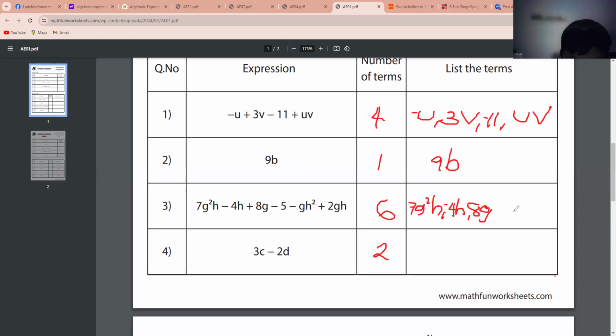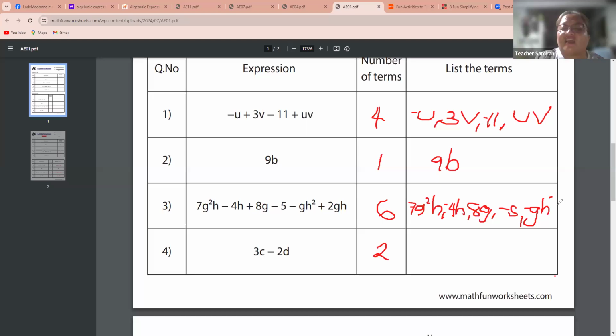What else? Negative 5. What else? Negative gh squared, and then the last one is 2gh. Okay, how about the last, number 4? 3c, negative 3c, and negative 2d. Okay, sorry about that one.